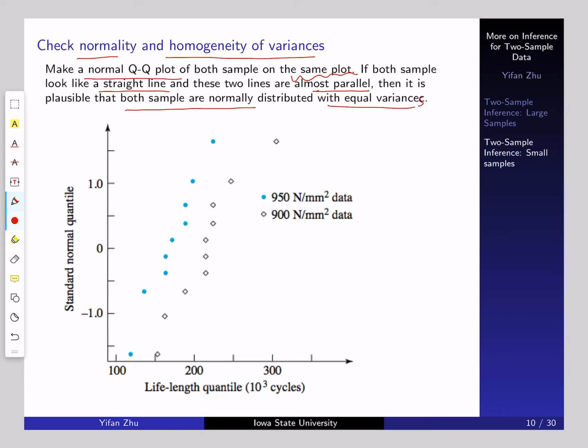So we can see that both of them are likely to be normally distributed because the dots are almost around a straight line, and these two straight lines are almost parallel. So we can say that it is very likely that they are normally distributed, and the homogeneity of variances is likely to be true. Okay.